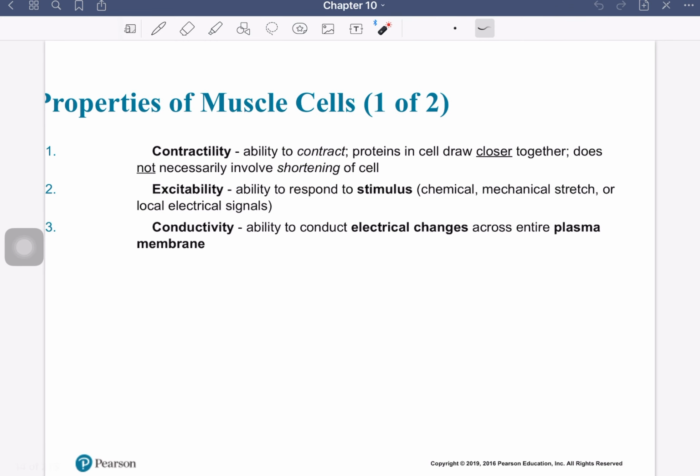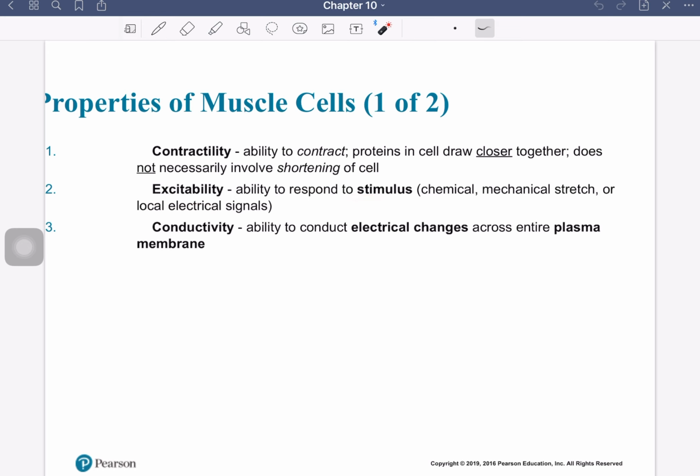Okay, what are some of the properties of muscle cells? Well, they have the ability to contract. That is their main reason for existing. So they do it by having proteins that can grab within a cell. The proteins can grab on and pull themselves by each other, which we're going to see as the sliding filament theory. All right. Now, excitability is the ability to respond to a stimulus.